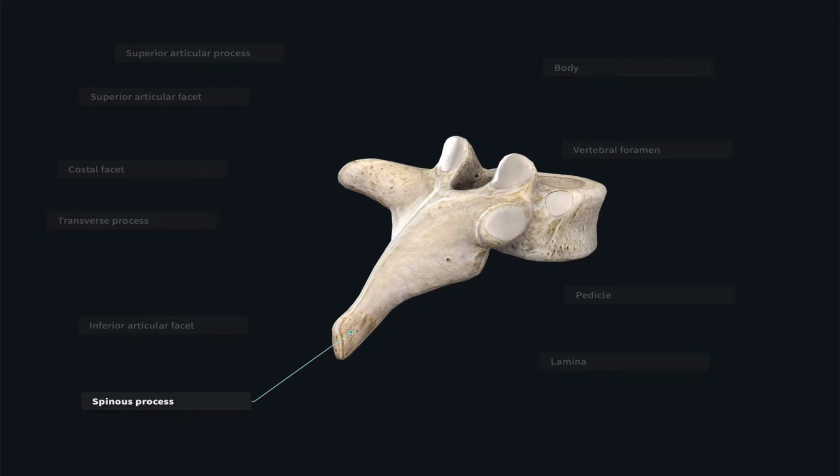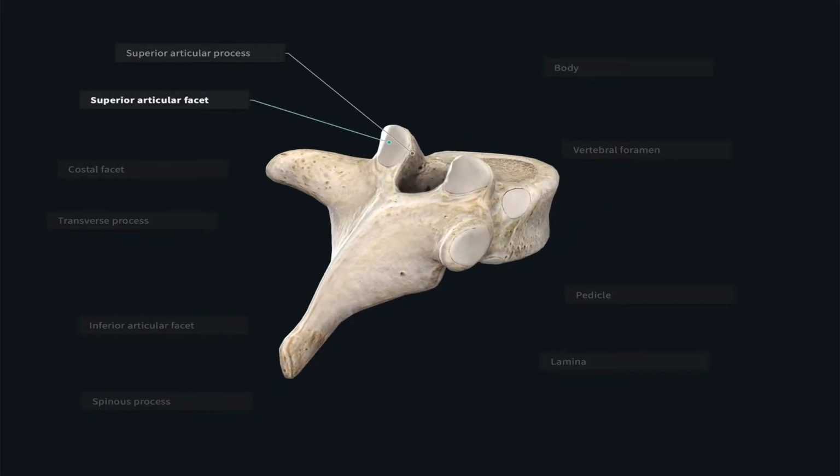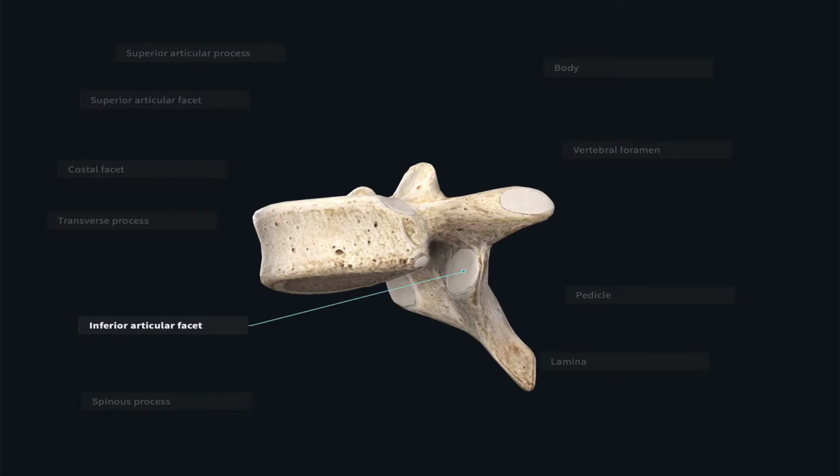In contrast with the cervical vertebrae above and the lumbar vertebrae below are the angles of the superior articular facets and the inferior articular facets that determine the specific movements permissible across the thoracic spine.